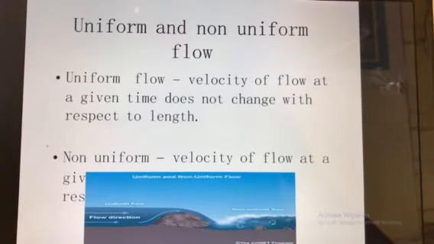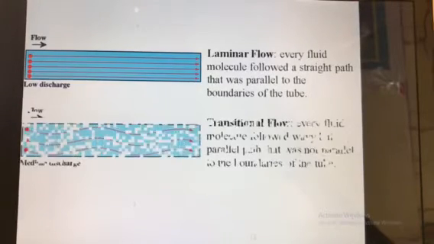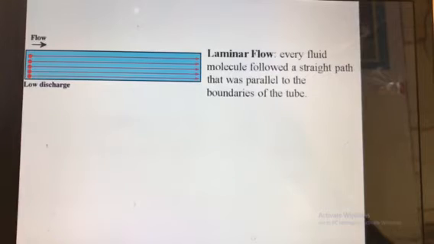Now next is laminar flow. Here see the laminar flow, and then we will see the turbulent flow. Laminar flow means that the fluid particles move along well defined paths.